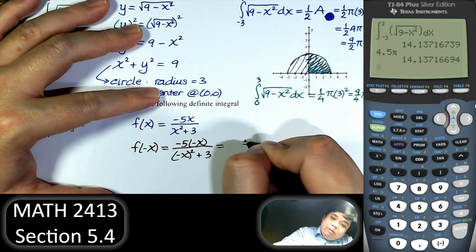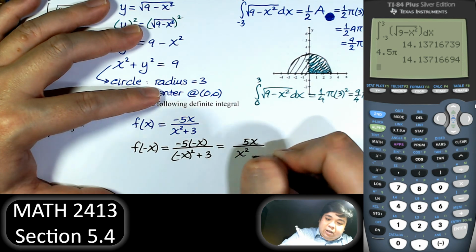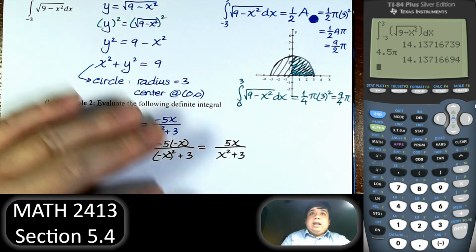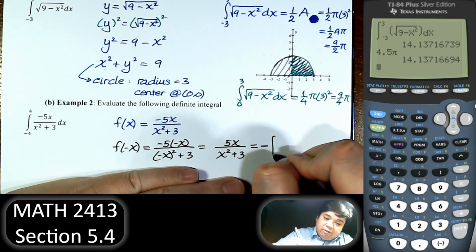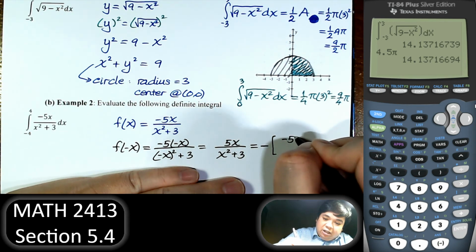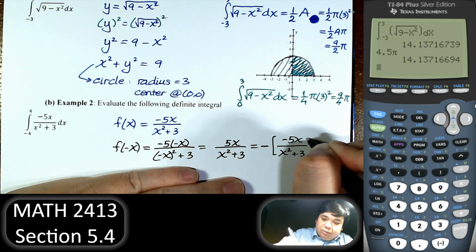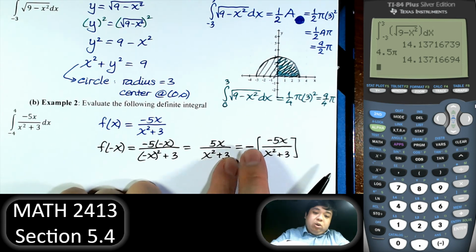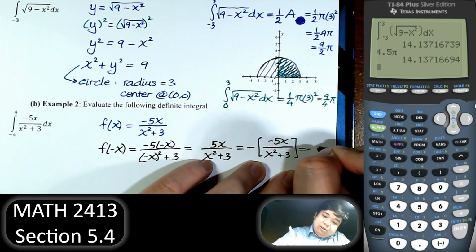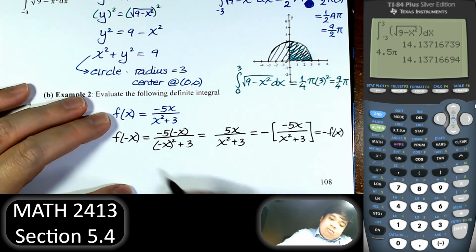That gives me negative 5x over x squared plus 3. Now, I can manufacture an extra negative if I negate the top, in which case I have the same as the original function with an extra negative. Because of that, it is odd.